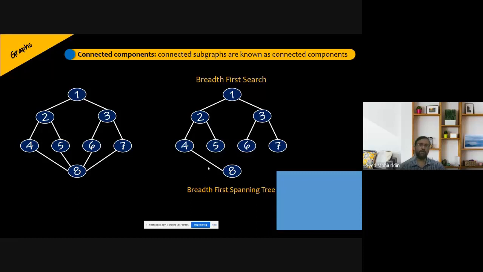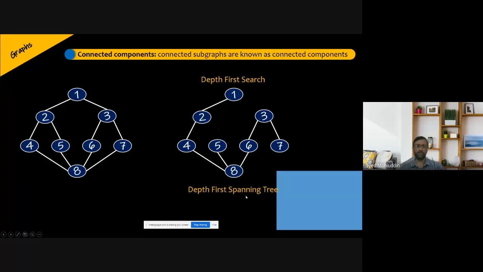And from the breadth first search, if all the vertices are visited, that means the graph is connected. And the tree which is found from the breadth first search is known as breadth first spanning tree. So this is one of the uses of breadth first search.